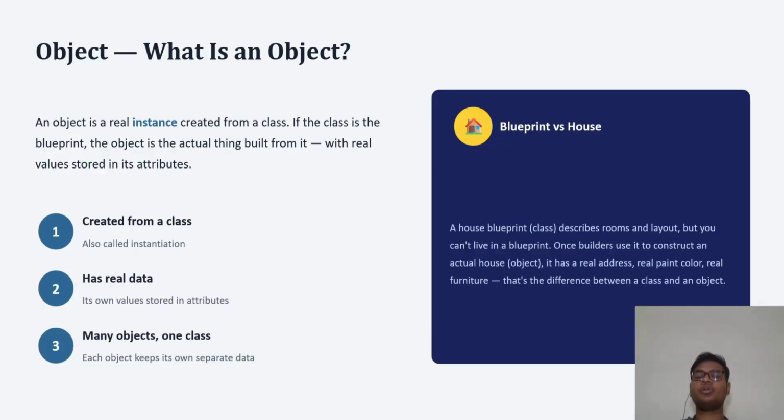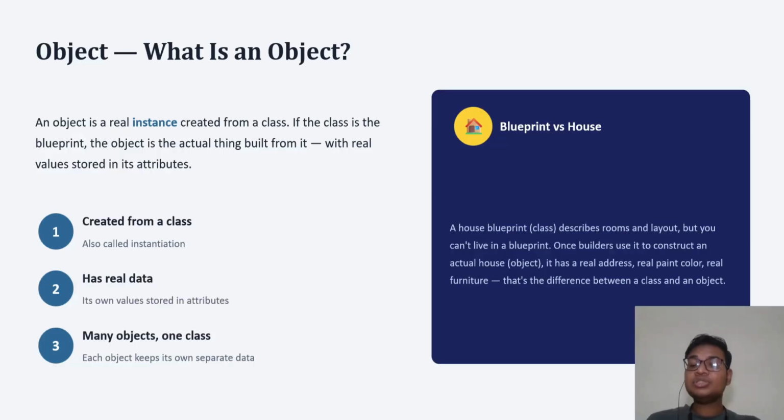Let's talk about a real world analogy: the blueprint versus the house. The class is the blueprint, and the house is the real instance you have created. The blueprint describes rooms and layout, but you can't live in a blueprint, correct?